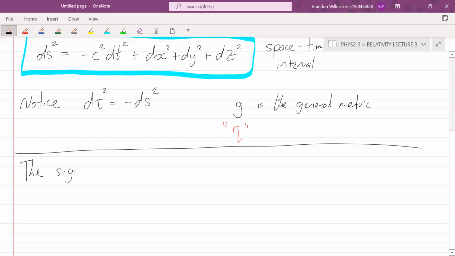So the sign of s squared, now we're looking at an actual length. Remember, ds was the interval. If we integrate that along the curve, we get the total length, in this case, s squared. So the sign of s squared separates space-time into several parts.